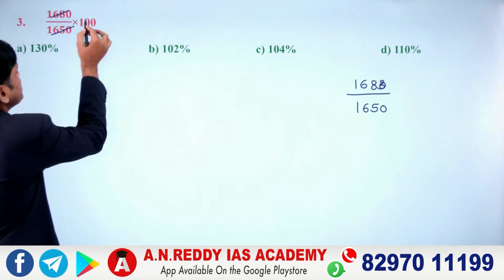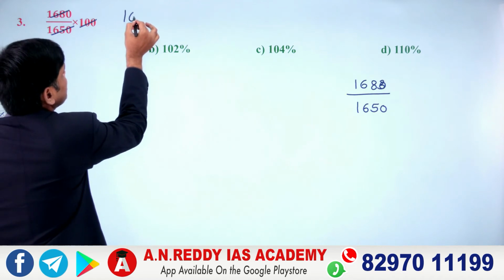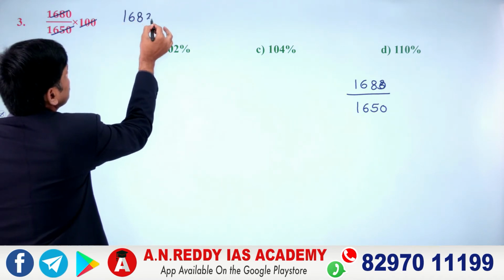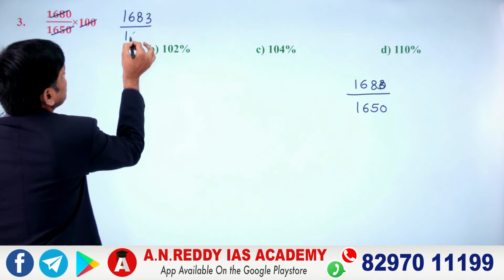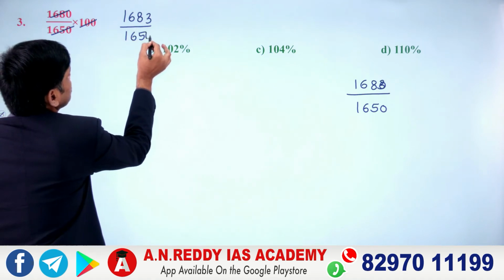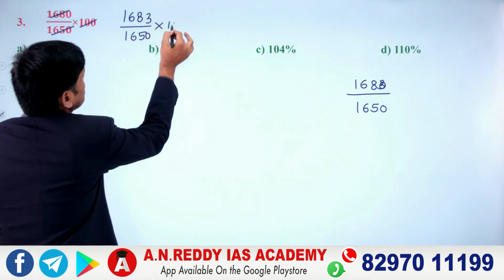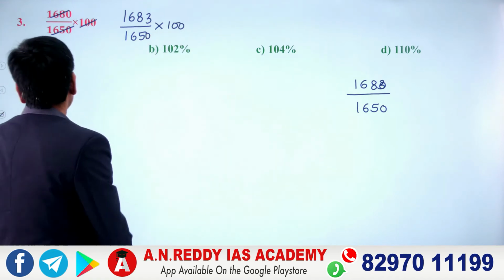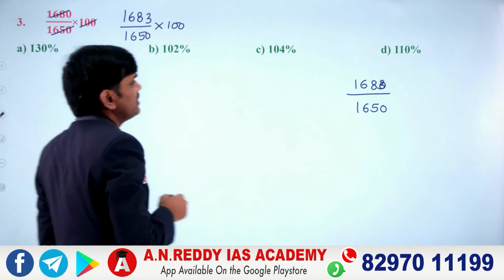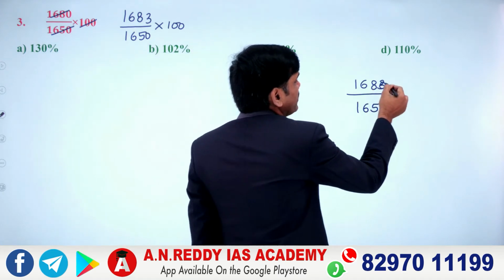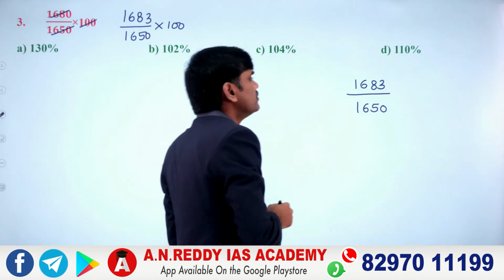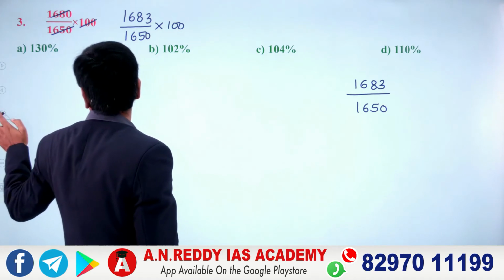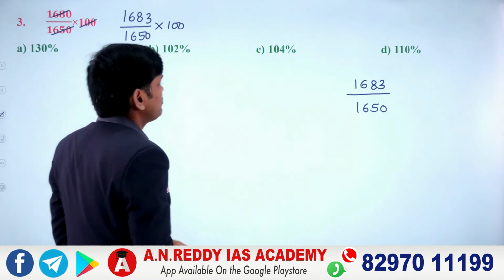It should be 1683 by 1650 into 100. That is the actual number, right? So we need to find that is what percent.